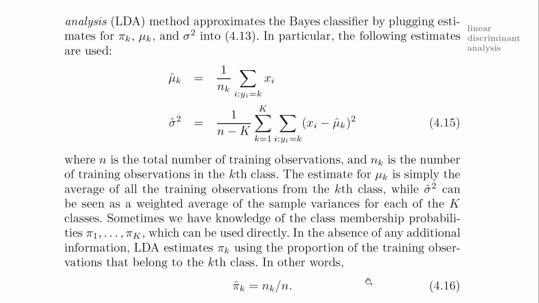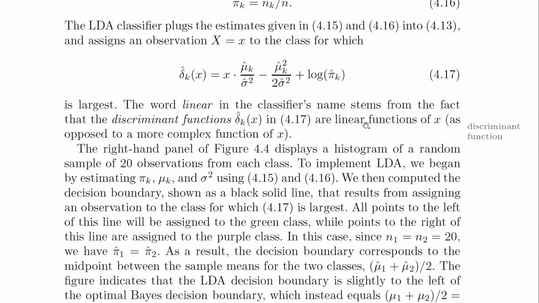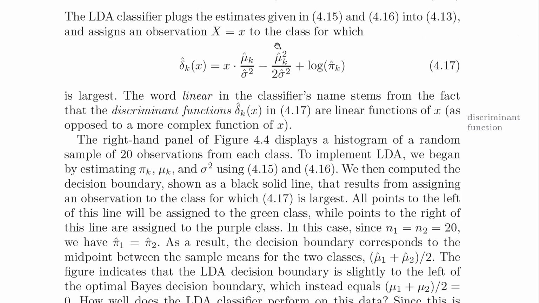As always, it is great to hear your own questions or commentary. The LDA classifier plugs the estimates given in 4.15, 4.16 into 4.13 and assigns an observation with characteristic X to the class for which delta hat K of X is largest.